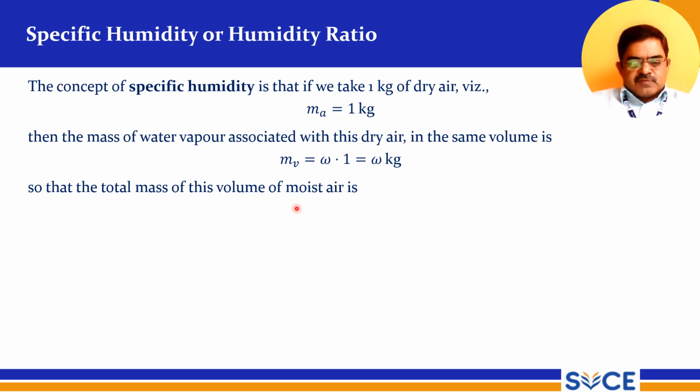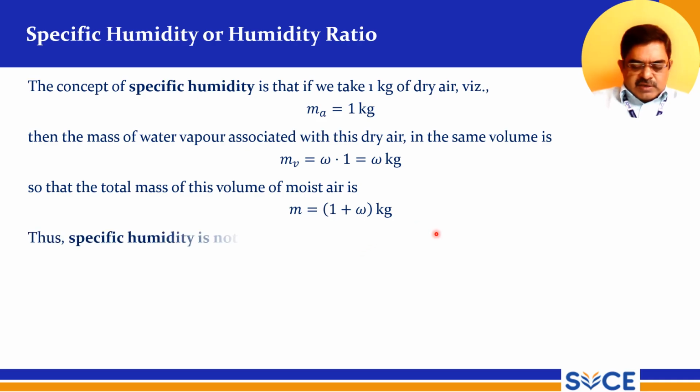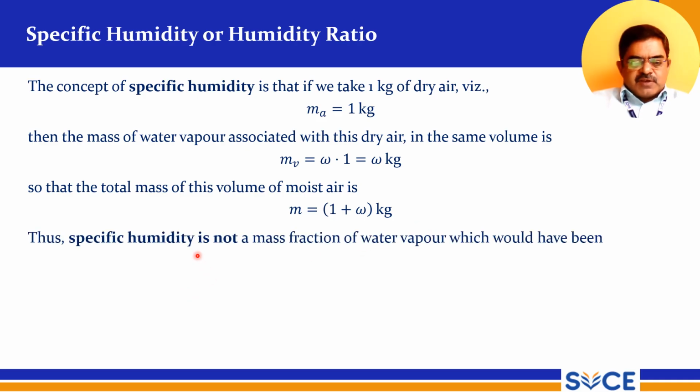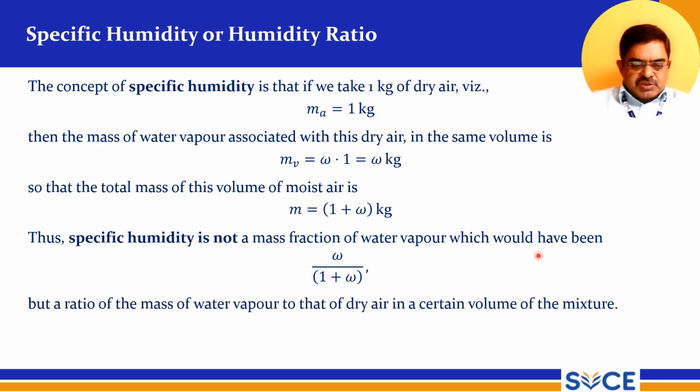The total mass of this volume of moist air is M equals 1 plus omega in kg. The specific humidity is not the mass fraction of water vapor, which would have been omega divided by 1 plus omega, but a ratio of the mass of water vapor to that of dry air in a certain volume of the mixture.